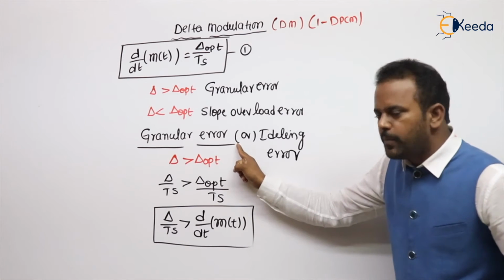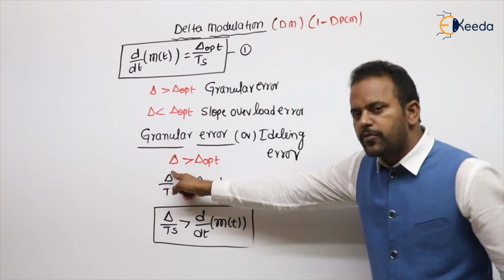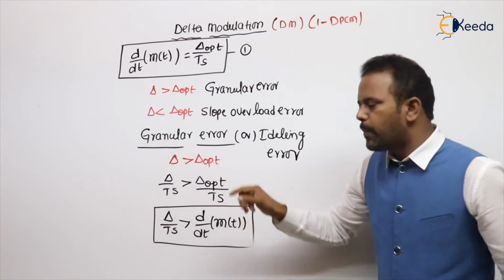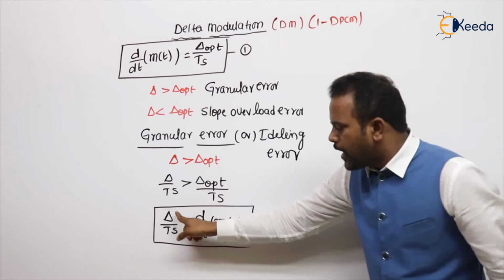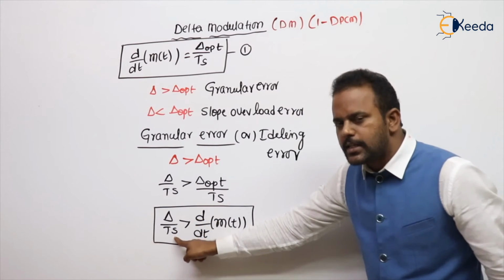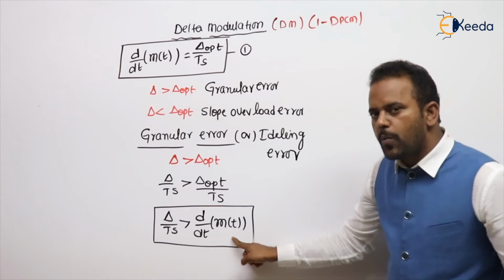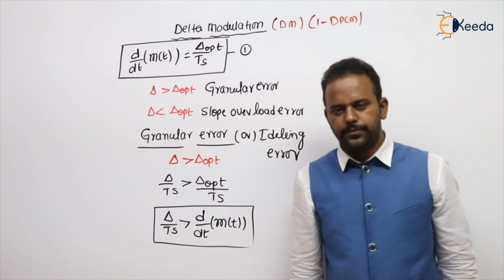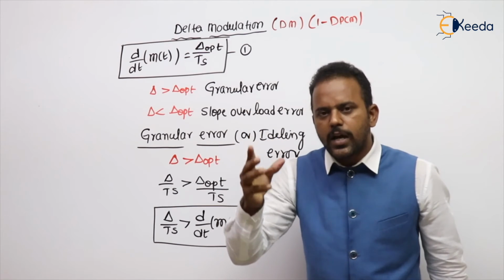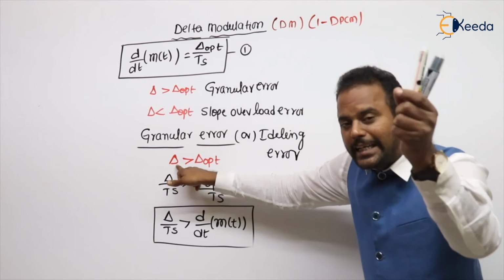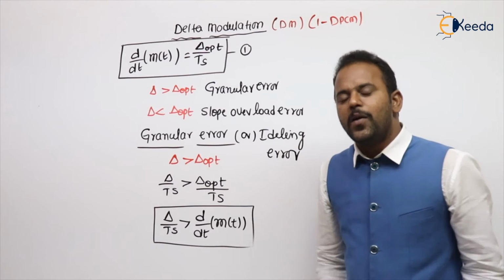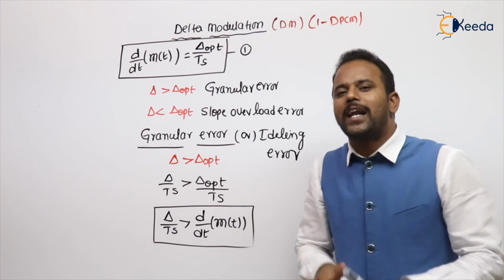So let's carefully listen to these points. Granular errors will come whenever the chosen value of step size is greater than the optimum value. Granular errors will come whenever the slope of the reconstructed signal is greater than the slope of the original message. To reduce the granular error, we need to decrease the step size. Why? Already we are choosing more, so error is coming.